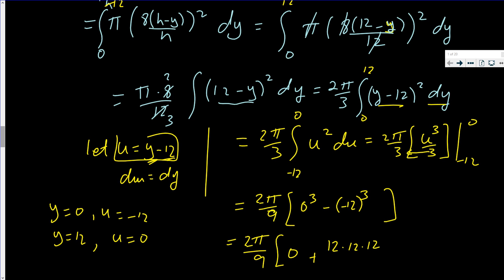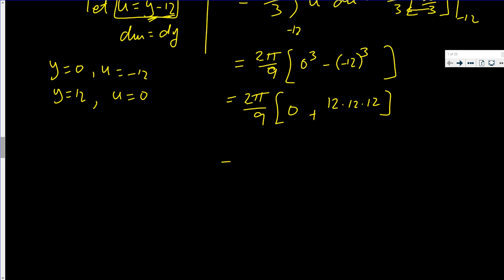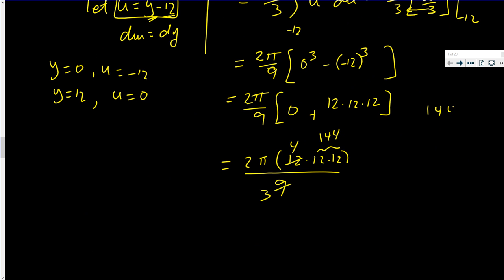I'm not going to multiply out the 12 cubed. I'm going to wait for that. So what's in here is just 12 cubed divided by 9. One of the reasons is 3 goes into one of the 12s. Okay, so now 12 times 12 I know. So instead of doing 144 times 12, I'm just going to do 144 times 4.